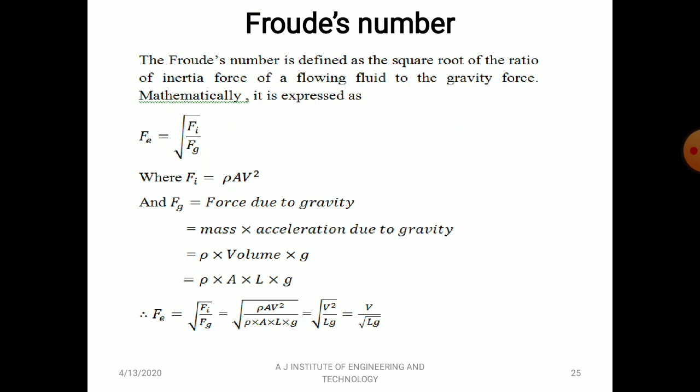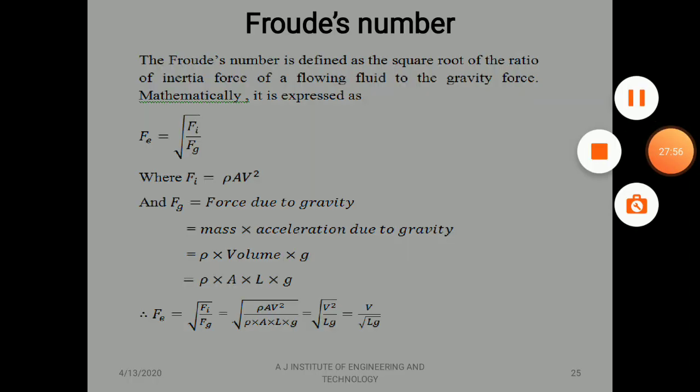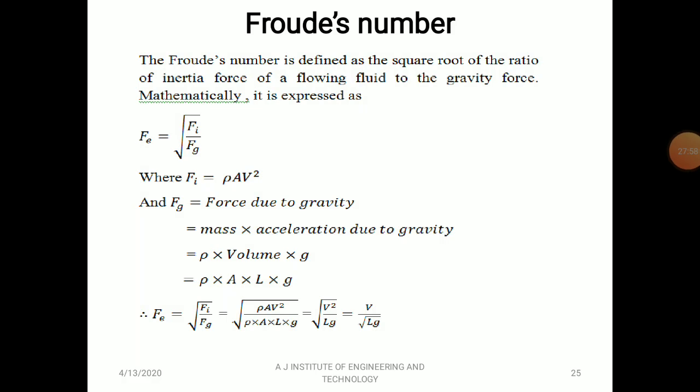Froude's number is defined as the square root of the ratio of inertia force of the flowing fluid to gravity force. Mathematically, it is expressed as Fr equal to square root of Fi divided by Fg, the inertia force to gravity force. I already discussed the derivation of Fi; that is equal to rho A V square, as in Reynolds number.